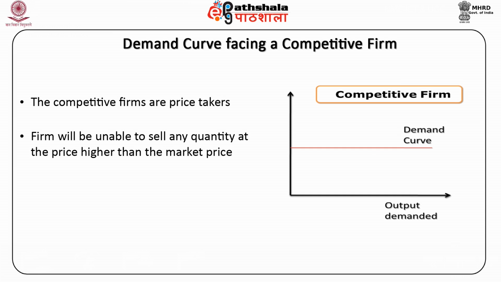Moreover, if a firm charges a price lower than the market price, then the firm would get the entire market demand and would soon be sold out, after which each of the other firms would be able to sell. Further, the firm can sell any amount of the homogeneous product at the ongoing market price. The firms in a perfectly competitive market are thus price takers.